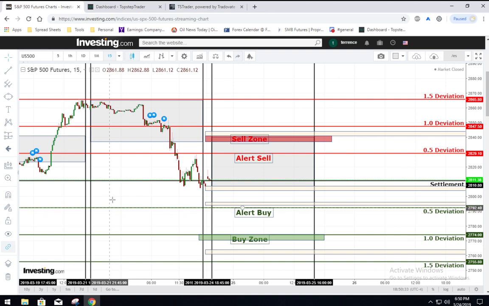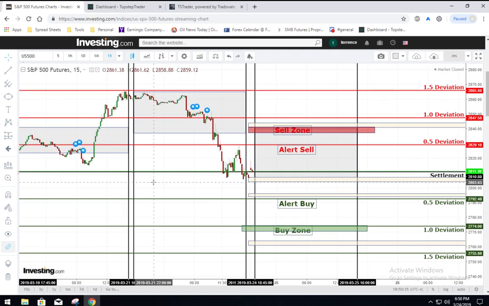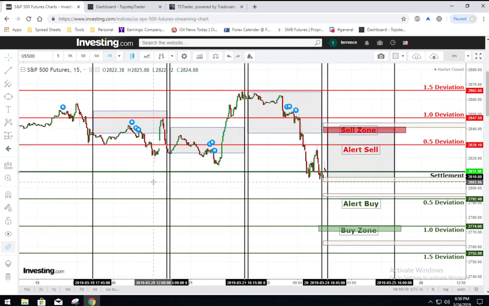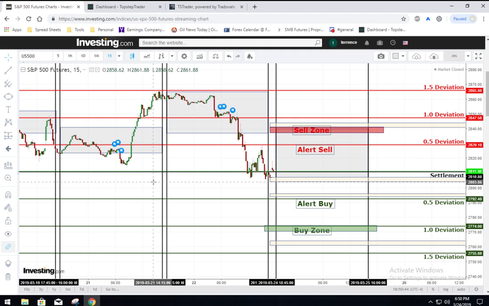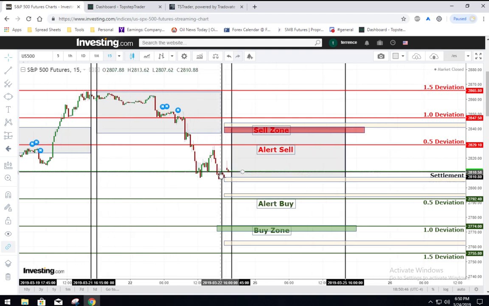I'm using a normal stock chart. I have a lot of backup systems that I use to do all my trade analysis on. We had settlement on Friday at 6:28:10 in that range.